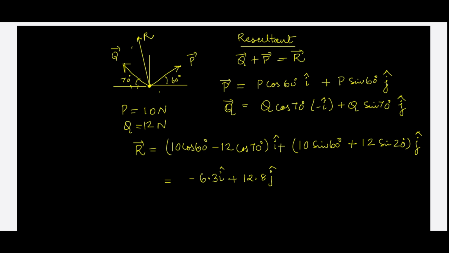You can also determine the resultant graphically, right? You have P and Q. Let me take some other color. So you take P and add it to Q here. This is supposed to be parallel to P. Okay, you can also get the resultant graphically.